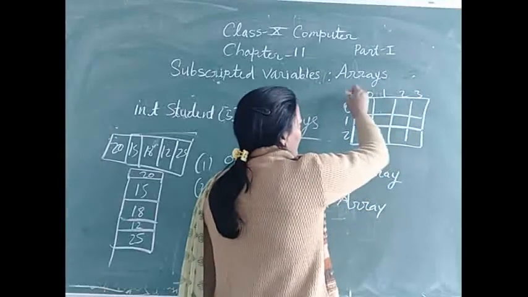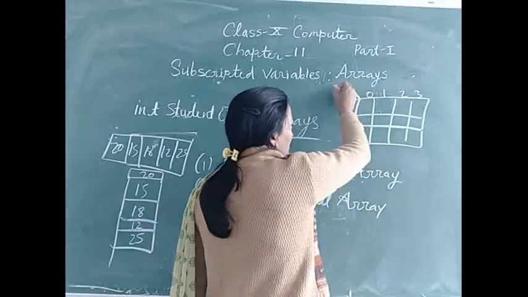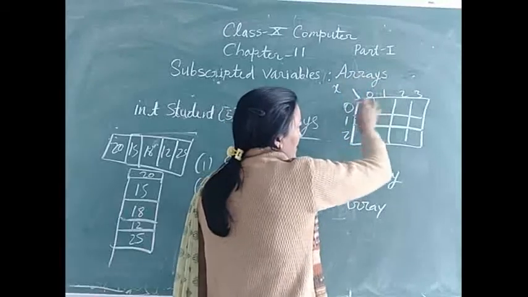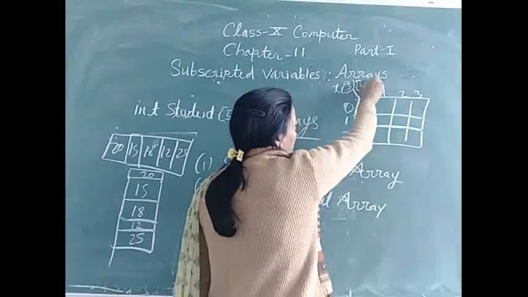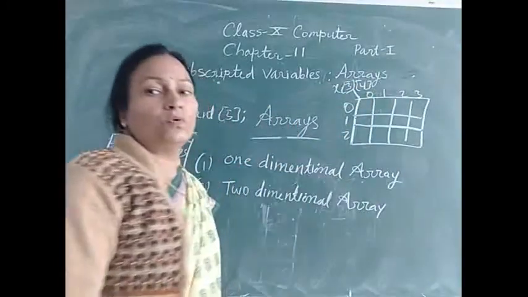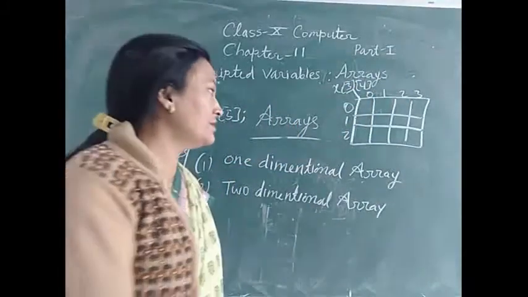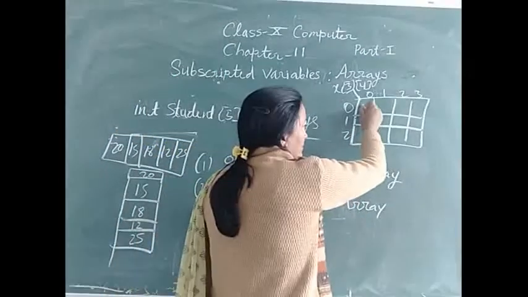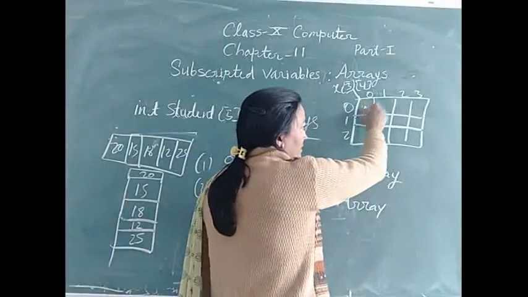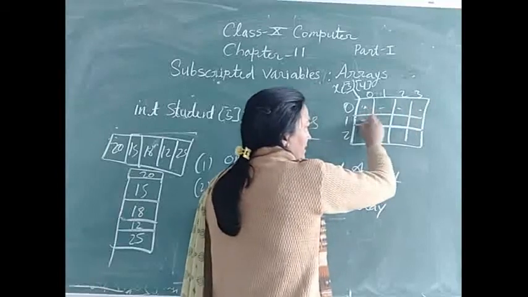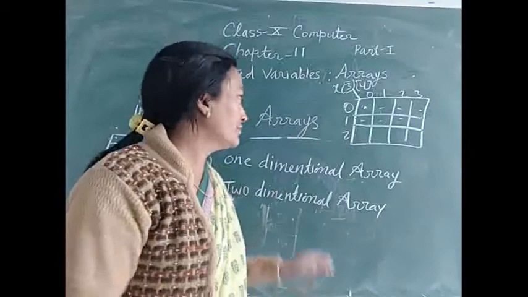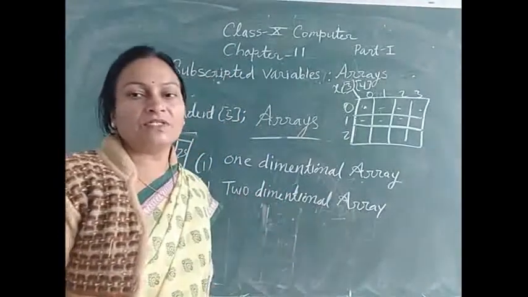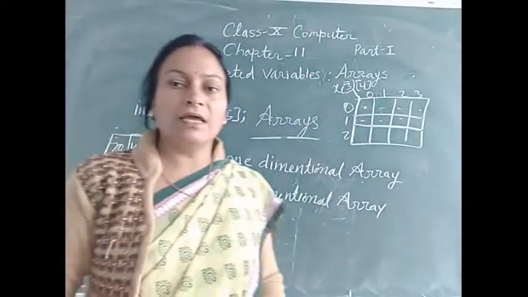So it is an array X with row size 3 and column size 4. It is a two-dimensional array. Elements are stored column-wise. First here, then here, then here, then here. Next row is started. So these are the types of array: one-dimensional array and two-dimensional array.